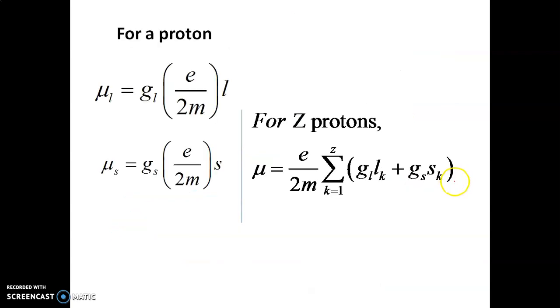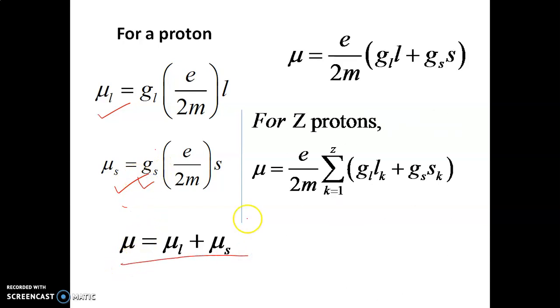As a result, for the proton we have the orbital dipole moment and the spin dipole moment, and so the total is this much. Mu is equal to mu L plus mu s, which is equal to, we added them both, we got it like this. So e by twice m was common and we have taken it outside like this.